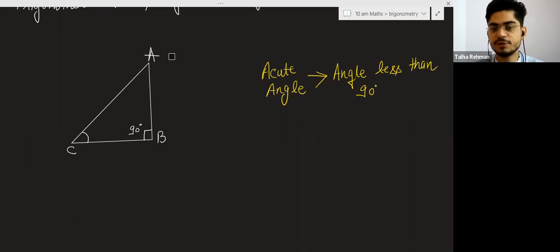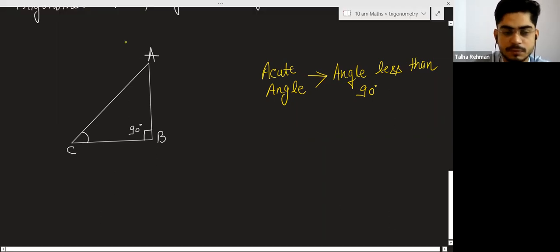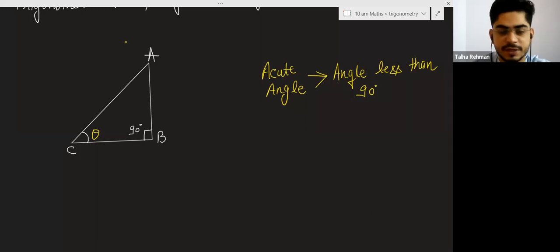Now I will introduce some new terms here for you, like sine and cos. Suppose this angle is theta, the Greek letter theta. This angle can be 60 degree or 30 degree.